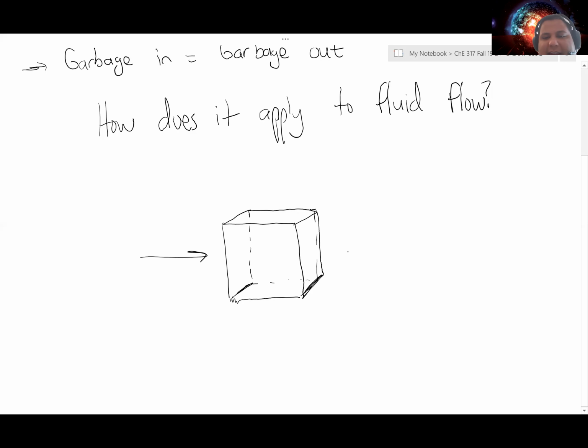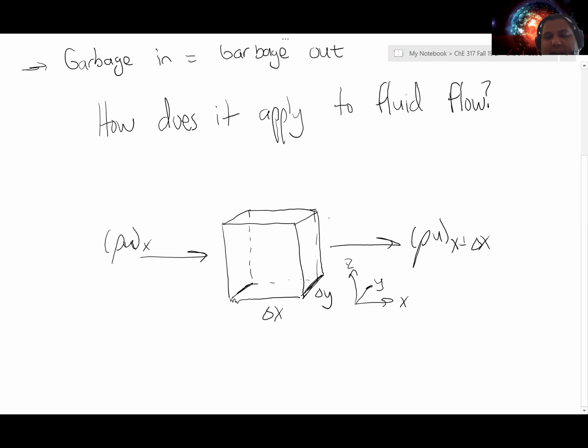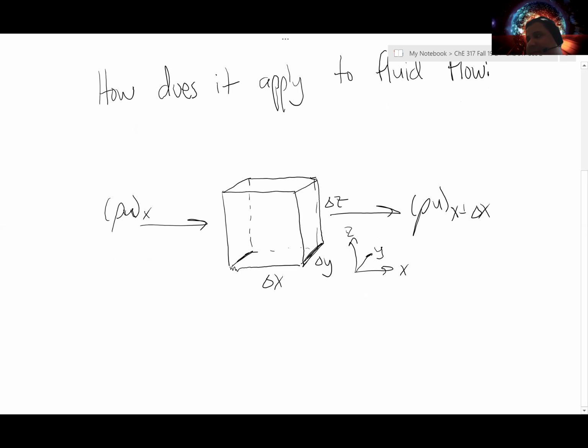So if we're looking at a volume element of fluid, we know we can have mass flow in and out in each and every direction. Assuming that we have a 3-coordinate system that we're basing our analysis on, where we have a delta x, delta y, and a delta z, where we have this differential volume element.